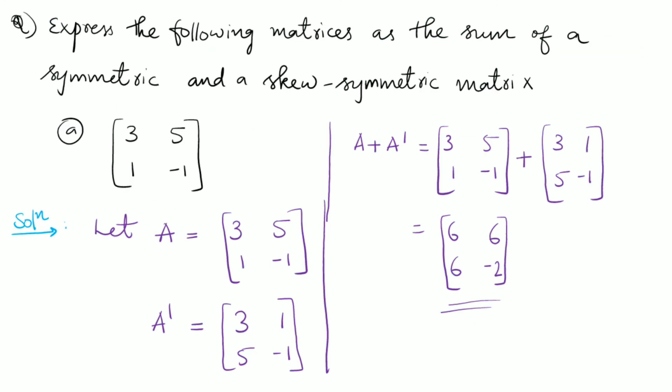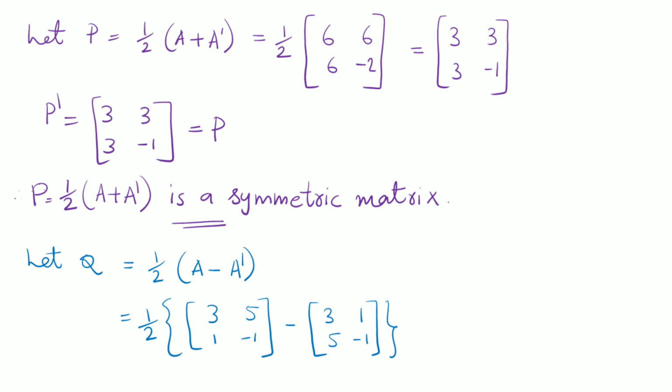So for that I have written A, found out A dash, you have to add A plus A dash, you will get one answer. Then you have to multiply this matrix by 1 by 2. So here you got the matrix as 6, 6, 6, minus 2, multiplied by 1 by 2.